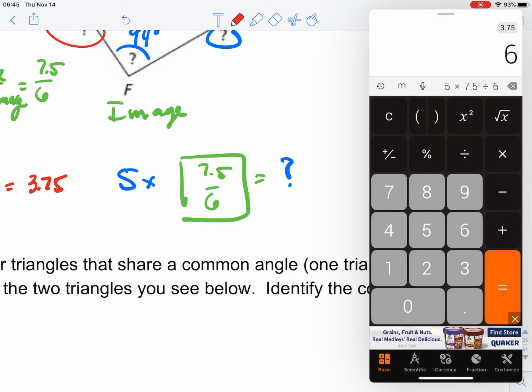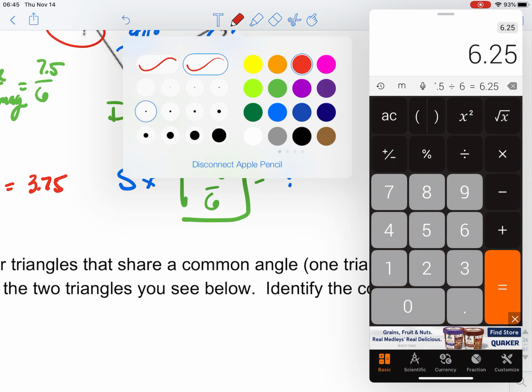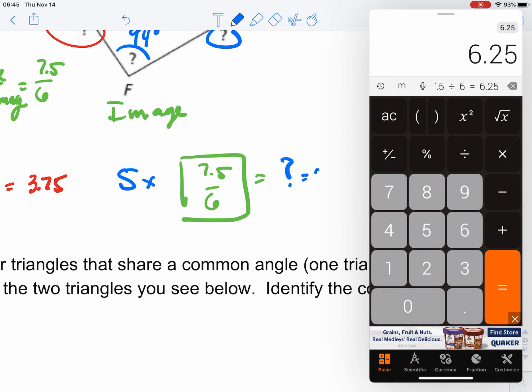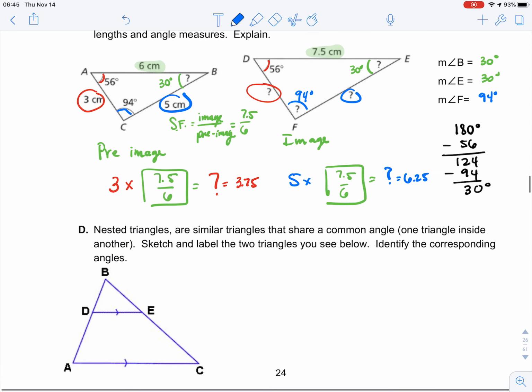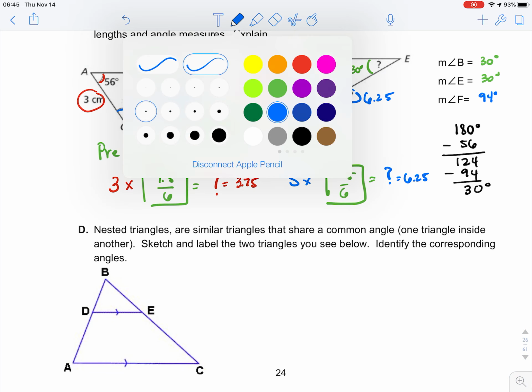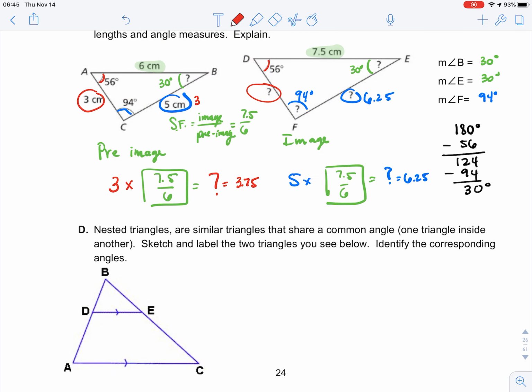And you can see all of it on the calculator screen right there. 6.25. All right, so this one is 6.25, and this one is 3.75. Oops, got that backwards. 3.75 is the red one.